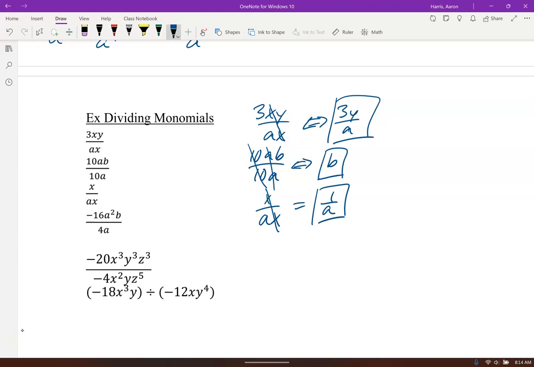Fourth one, negative 16a squared b over 4a. Negative 16 over 4 gives us negative 4, and then a over a cancels. I'm sorry, that's a squared over a. My apologies.